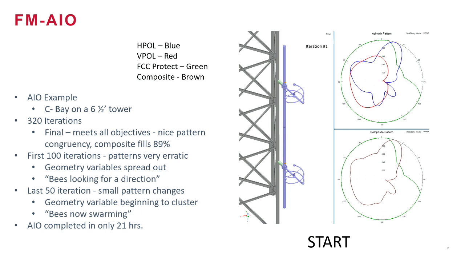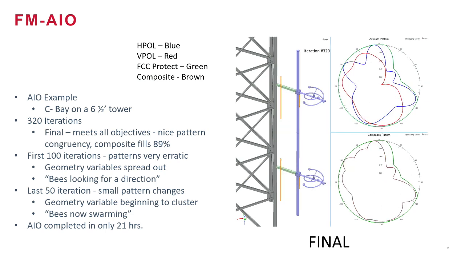So this is where we start, and we let the computer run from here until it gets to this point, right? Now here you see that the H-pole and V-pole in the top graph are correlated. They're sort of in the same direction there, and we get good coverage of the FCC Protect there in the bottom, right?